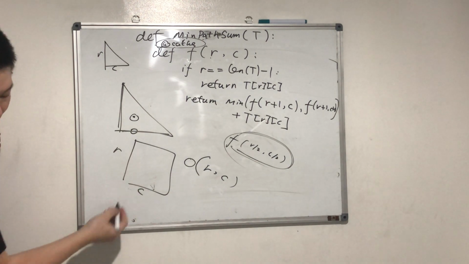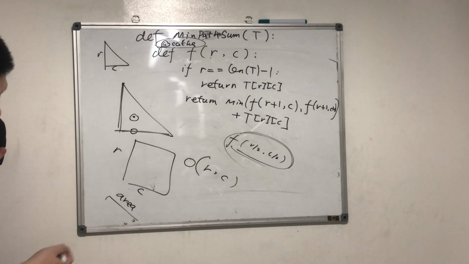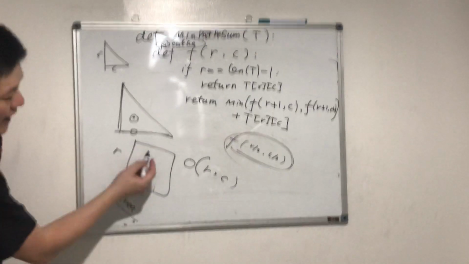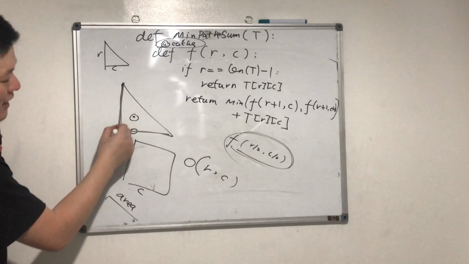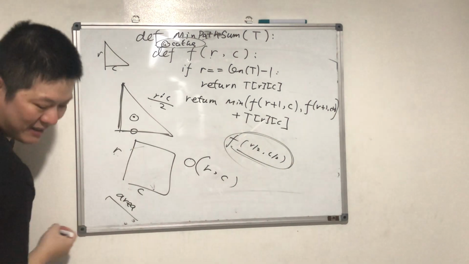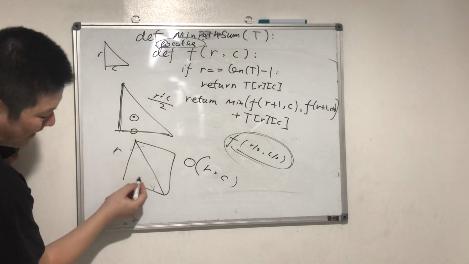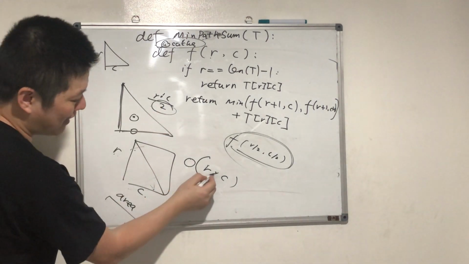What's the area? Area is the inside. R times C. What's the triangle? R times C divided by 2, because it's half of it. We drop the constant, so it's R times C.